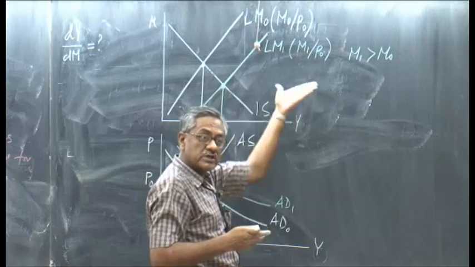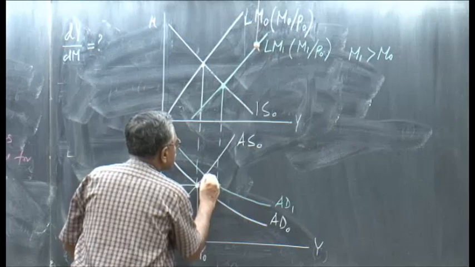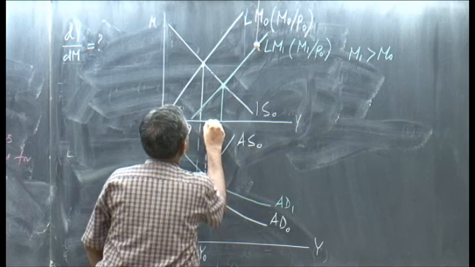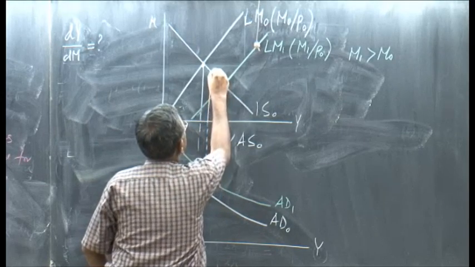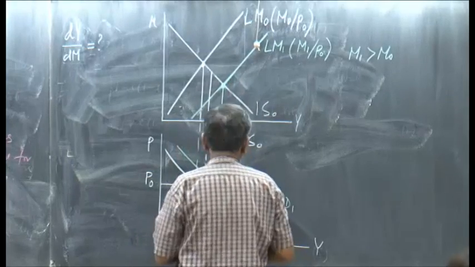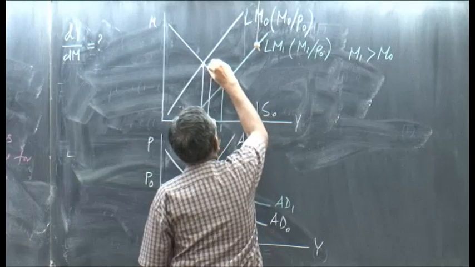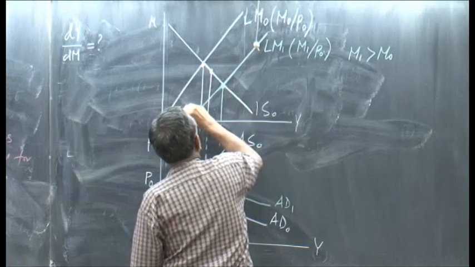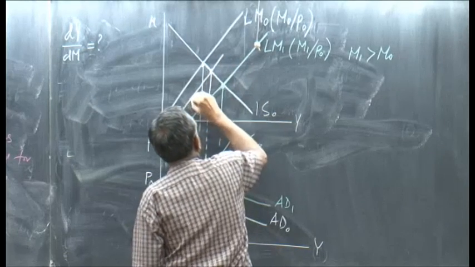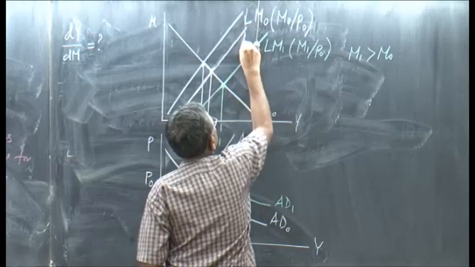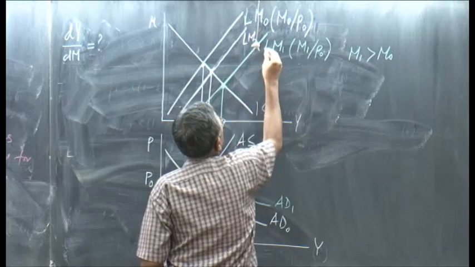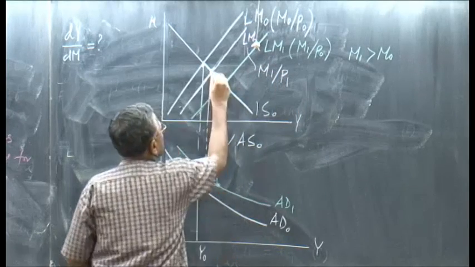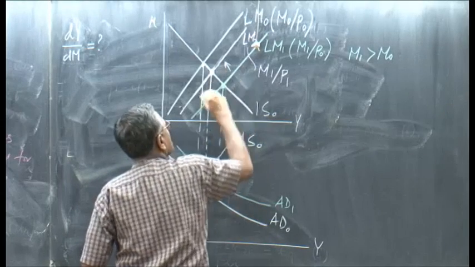So, the ratio falls, it starts shifting backwards, and it will reach a new equilibrium, some LM2, which will have M1 divided by some new price P1. This is LM2.